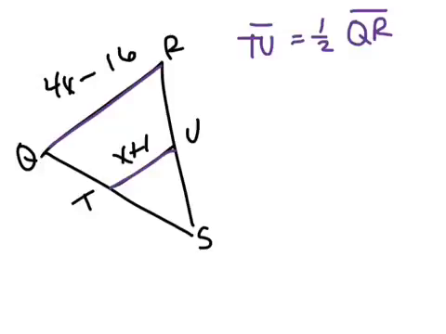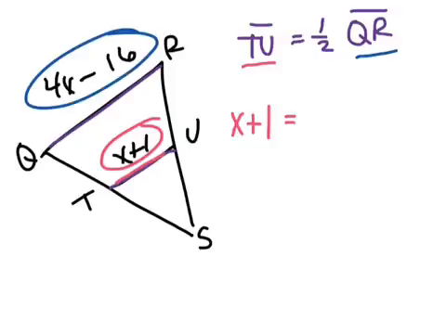So I'm going to replace TU with the expression we have here, x plus 1 equals, and I'm also going to replace QR with the expression we have here, 1/2 of 4x minus 16.